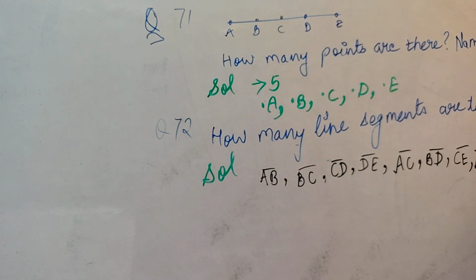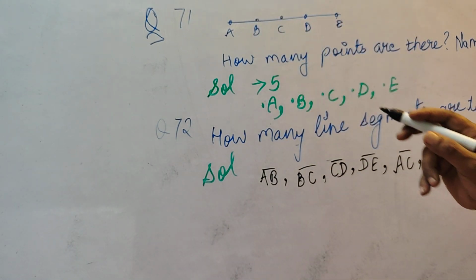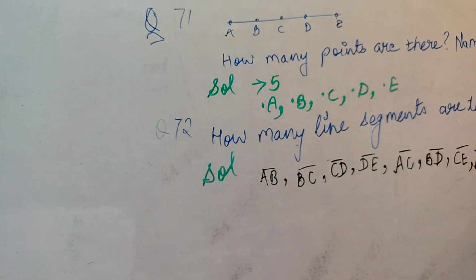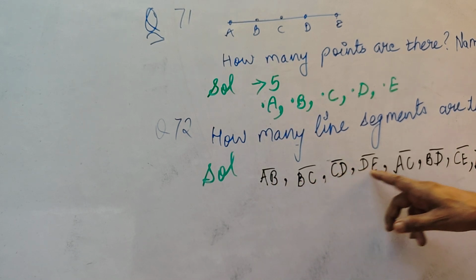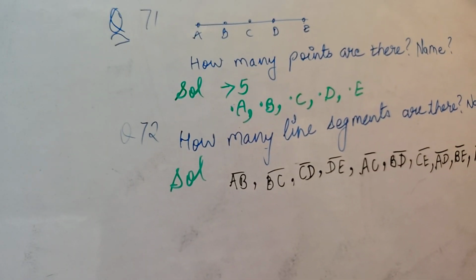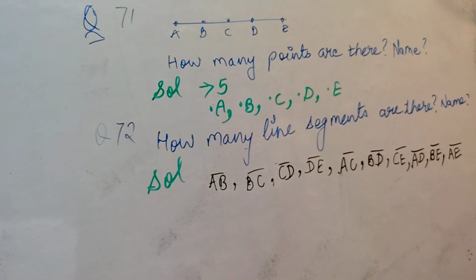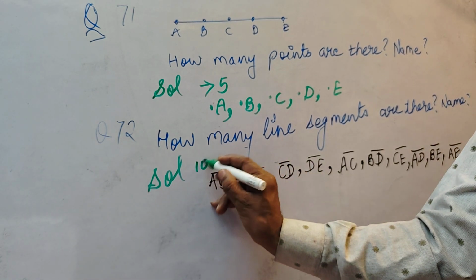Then we increase the number of parts, so it becomes AE. This is the last one. All is done: 1, 2, 3, 4, 5, 6, 7, 8, 9, 10. Total 10 parts. So 10 line segments are possible.